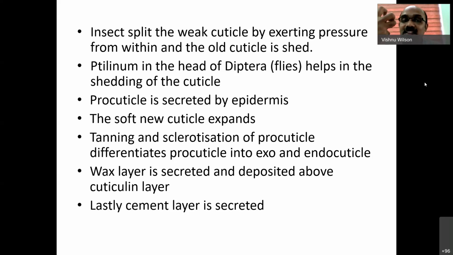We call it a reversible sac, and that balloon will grow. Because of this growth of the balloon, the old cuticle will get broken and it can be easily removed.